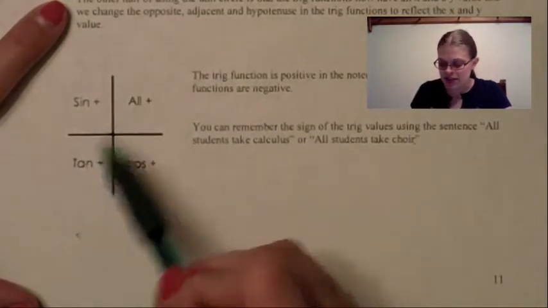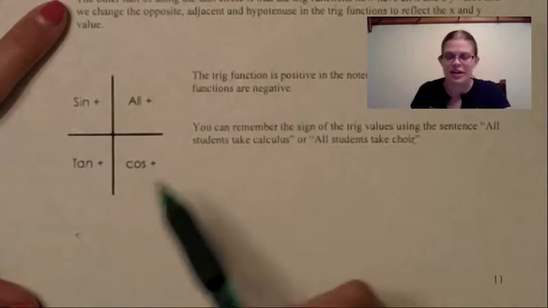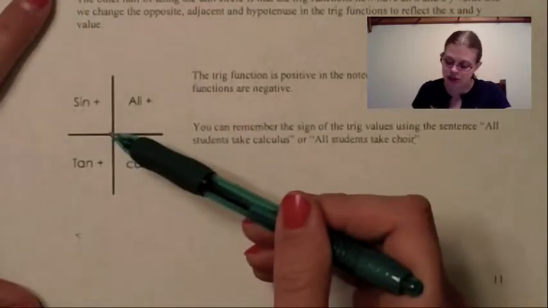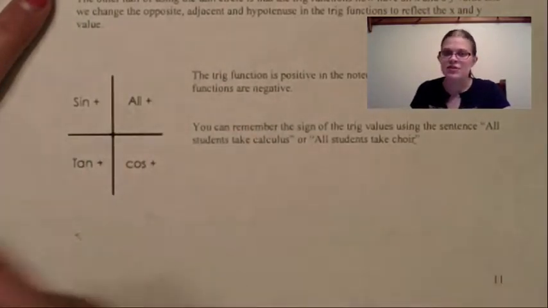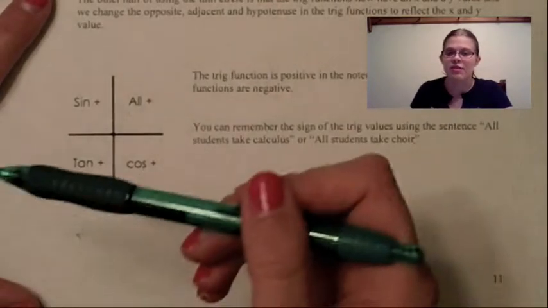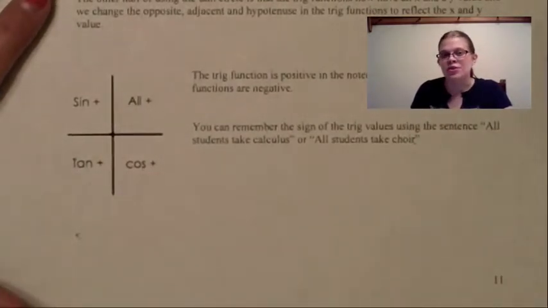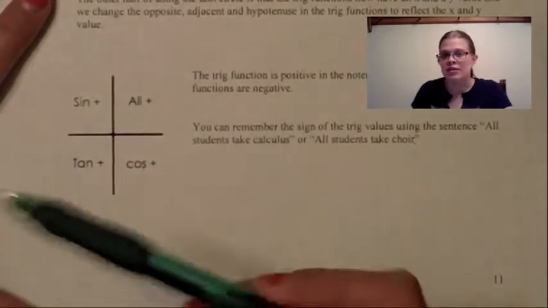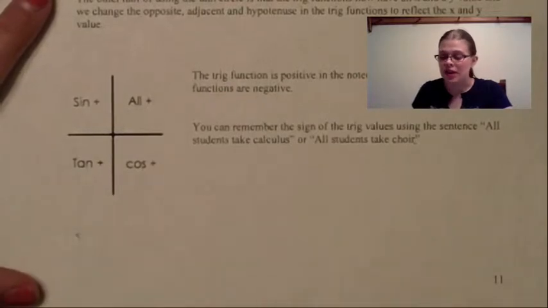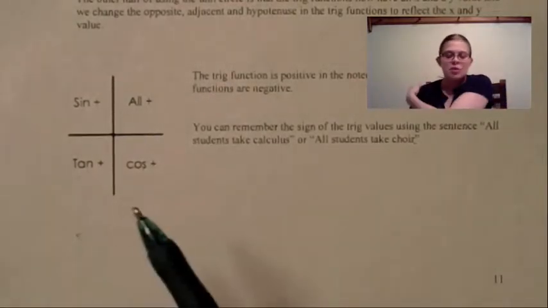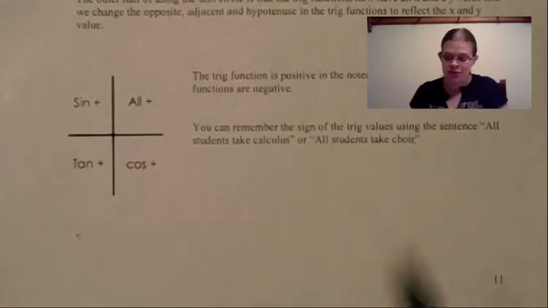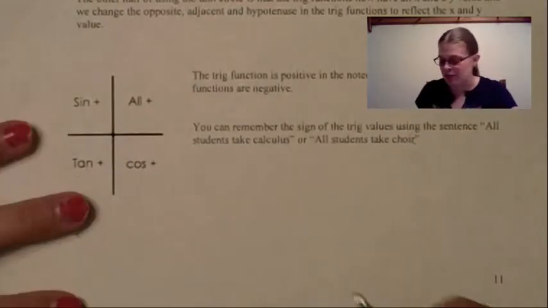So I like to use this for the tangent, but for sine and cosine I like to just visualize, well, I went left, that's your cosine, so it's negative. I went down, that's on the y value, that's going to be negative. So I kind of like to remember it that way, but whatever works for you is perfectly acceptable.